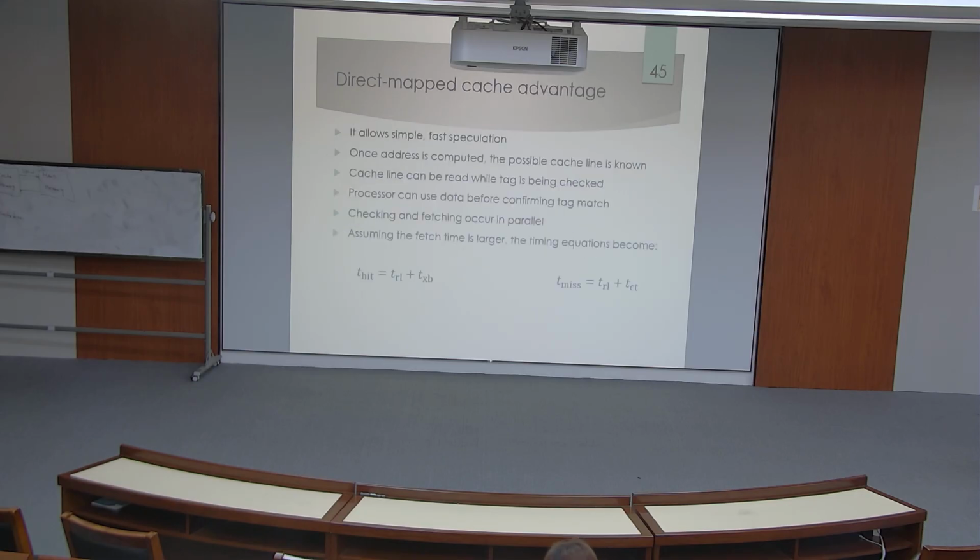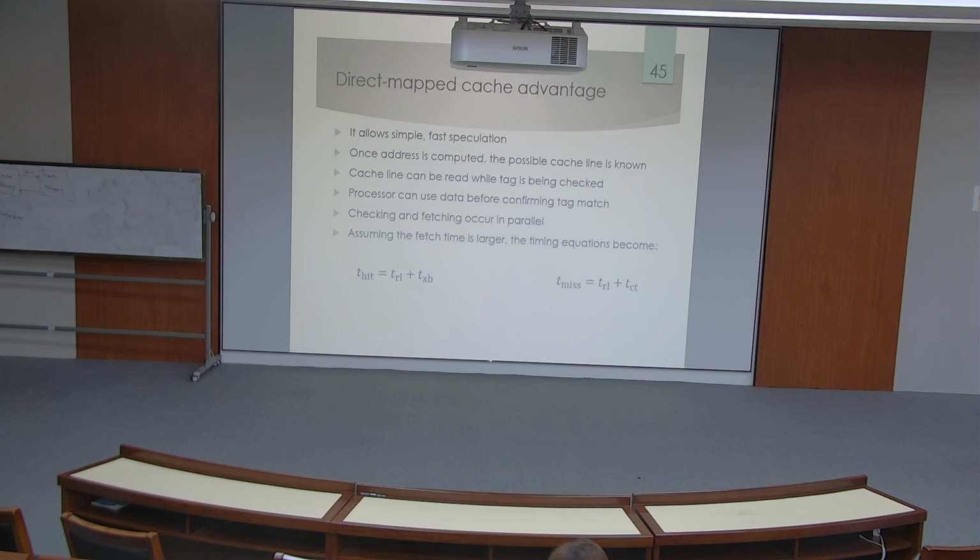Memory. Now we have the direct map with speculation. Why direct map with speculation? Because it allows a simple, faster data recovery to the central processing unit. In the address provided by the central processing unit, we have the tag and the line number.